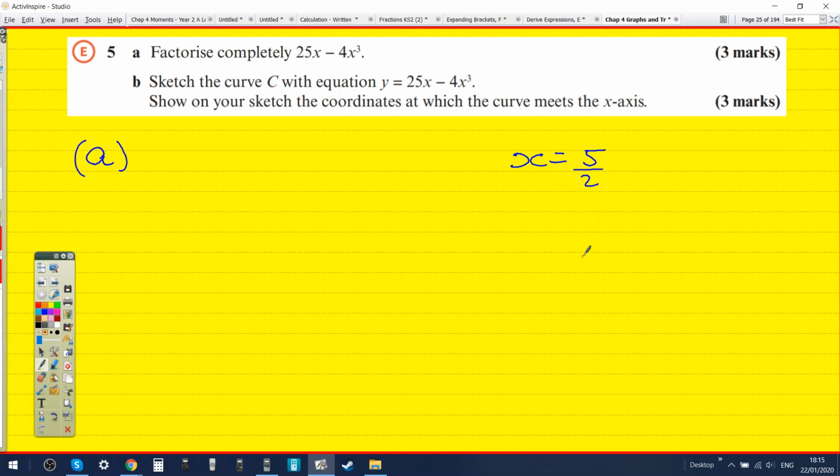Times both sides by 2. 2x equals 5. And then what is that if it was equal to 0? 2x minus 10 is equal to 0. 2x minus 5. Yeah. And so what's one of the brackets? 2x minus 5.